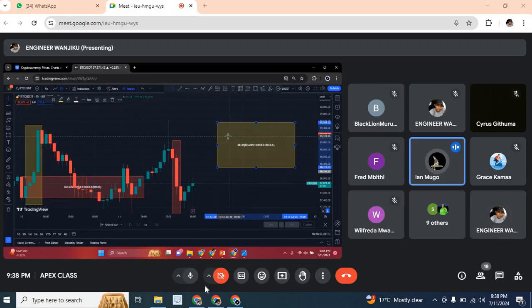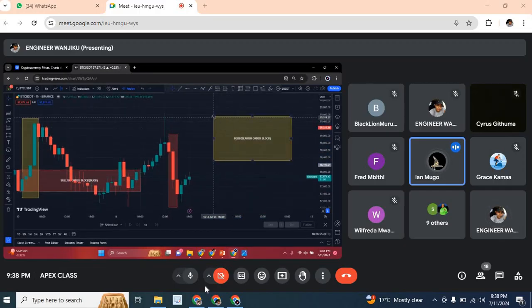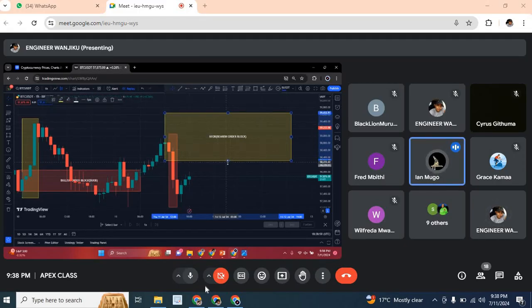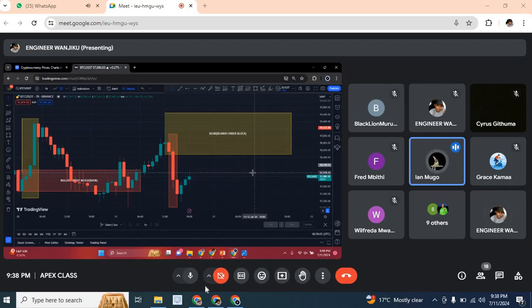And you're sure that it's going to come back and test the order block. So you put a buy there, and when it reaches, you put your take profit at the bottom part, and then you sell again with the trend as it is going down. I don't get what you're saying actually. Many are confused.